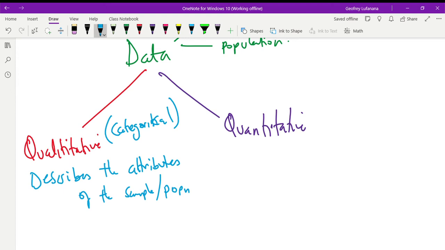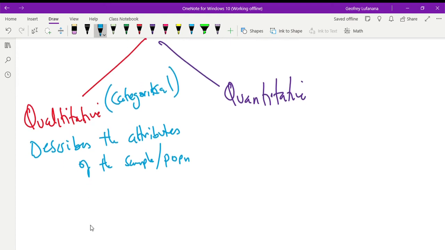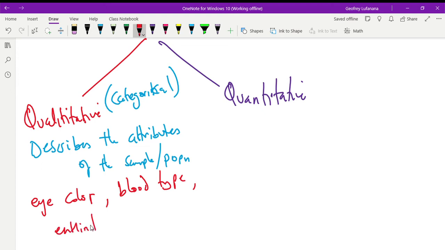For example, examples of qualitative data or categorical data is the one where we have eye color. So if your research involves finding out the eye color of the different people in an area, you'd be collecting qualitative or categorical data. We have blood type. We have ethnicity. So all of these are examples of categorical data because they put the population in different categories.